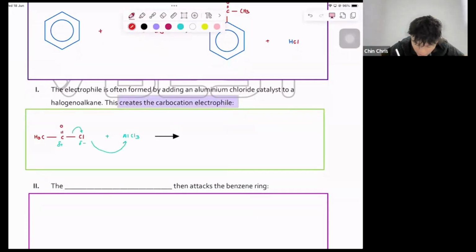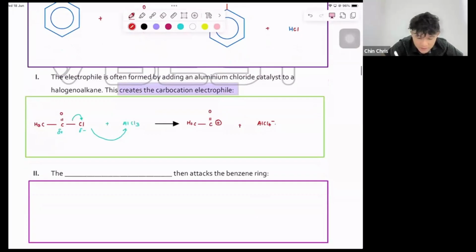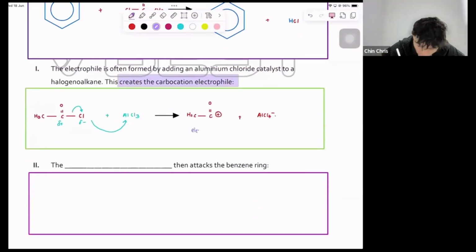So it turns into that. You have a CH3, C double bond O with a positive charge. This is your electrophile, am I right? And you have your AlCl4 minus. By the way, your electrophile is formed. Remember, guys, your first step is always to form your electrophile.